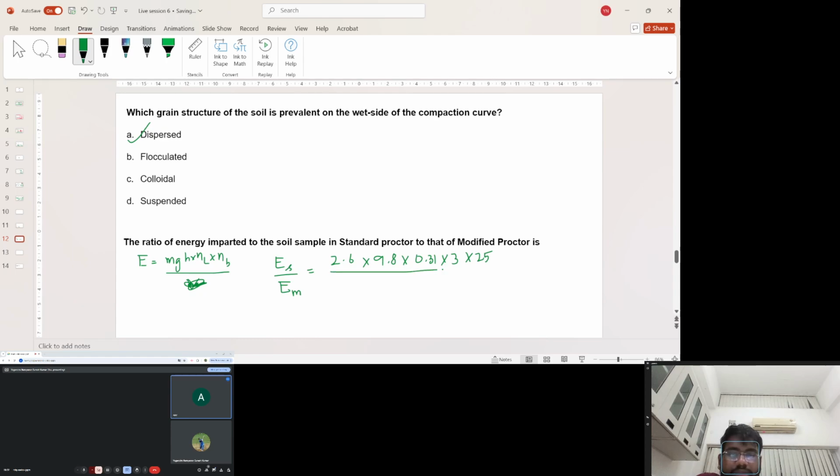Now coming to the modified Proctor, weight will be 4.9, 9.8 into height of fall will be 0.45, into 5 layers of 25 blows each. So this will be cancelled.